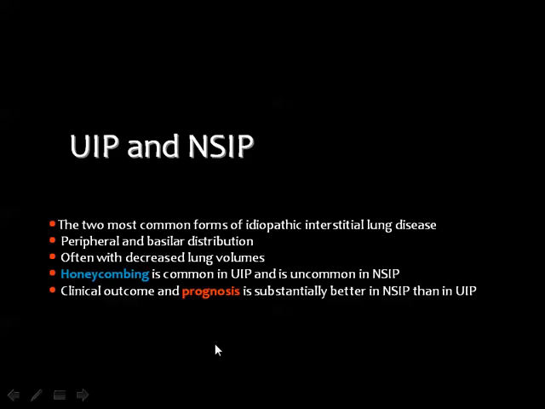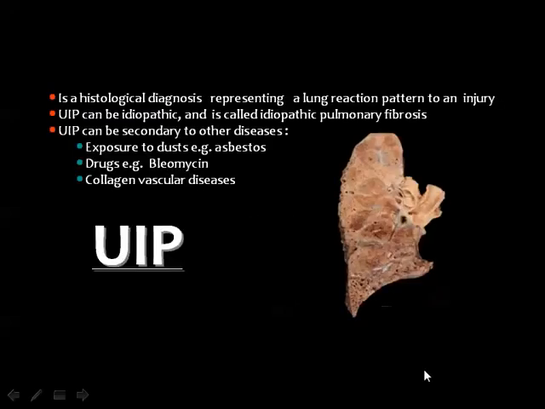The prognosis will depend on which type you are dealing with. Are you dealing with non-specific or usual interstitial pneumonia? Usual interstitial pneumonia, if it is of unknown cause, is called idiopathic pulmonary fibrosis. Okay, you understand this point?